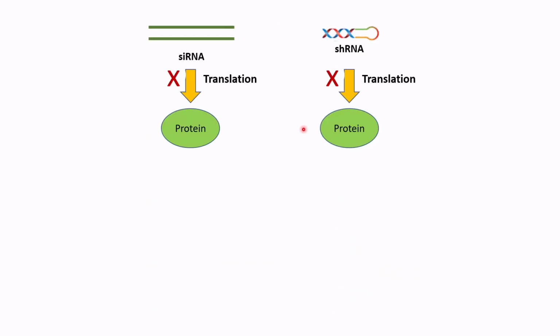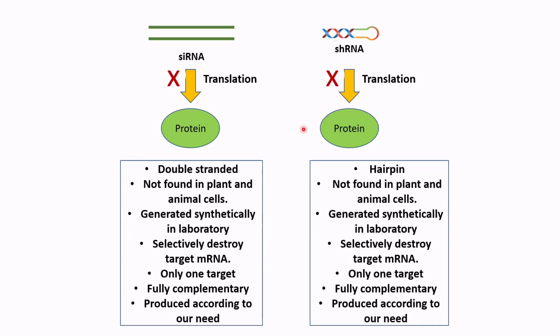We know that both siRNA and shRNA are used to suppress gene expression. Then what are the differences? siRNA is double-stranded RNA. shRNA has a hairpin structure. Both siRNA and shRNA are not found in plant or animal cells.